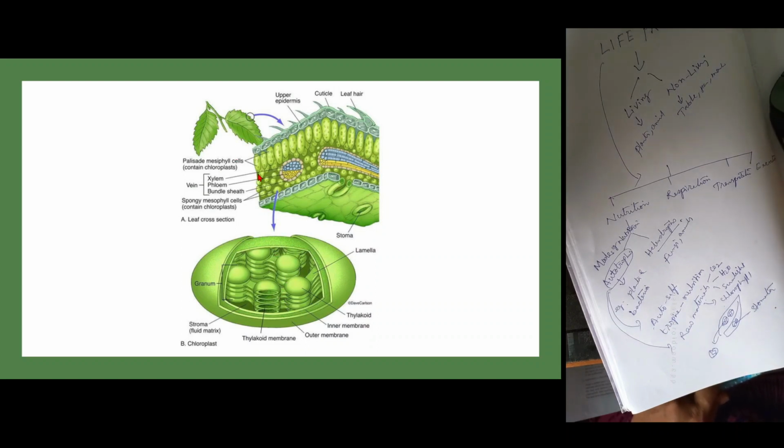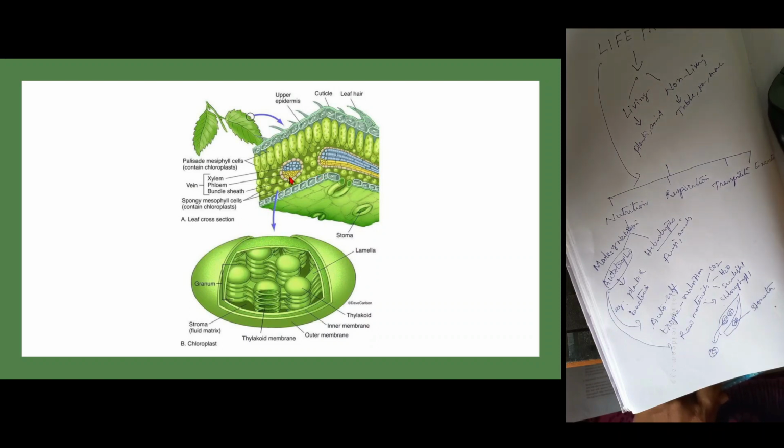The leaf also has, as you studied in your ninth class, the vascular bundles. In the vascular bundles, there are xylem and phloem. The xylem is helpful to conduct water. It helps to bring the water to the leaf. It's helpful for the process of photosynthesis.